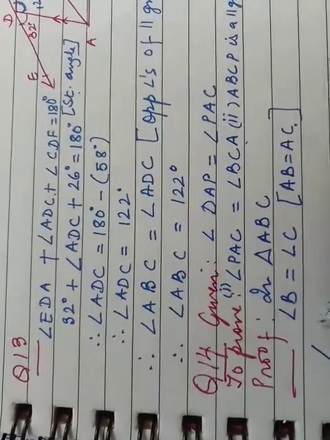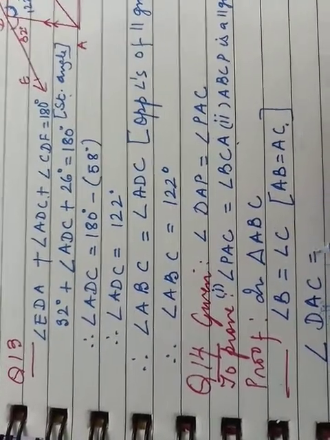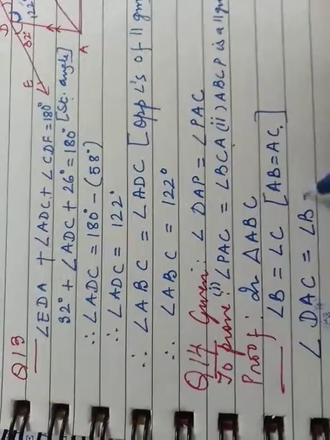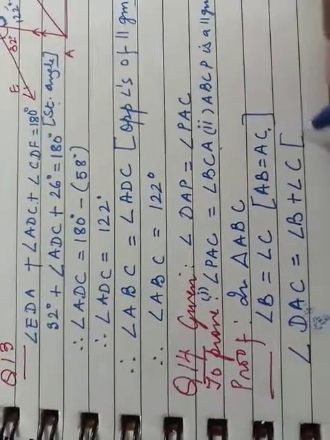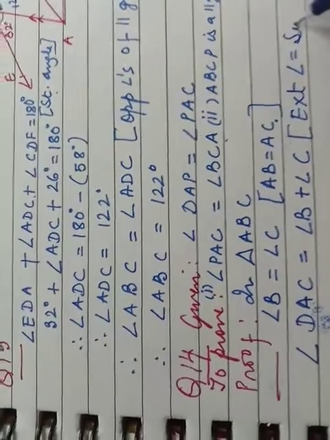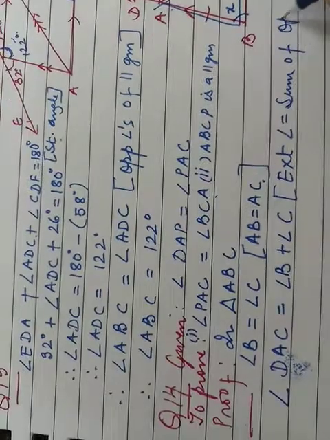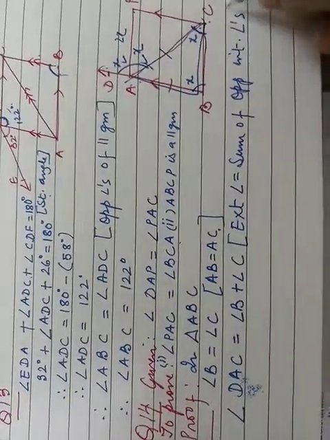And angle DAC is equal to angle B plus angle C. Reason? Exterior angle is equal to sum of opposite interior angles.